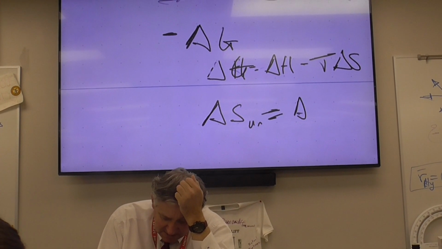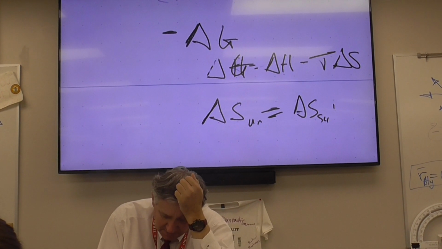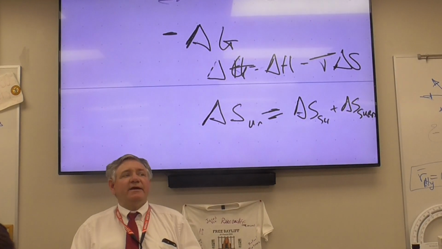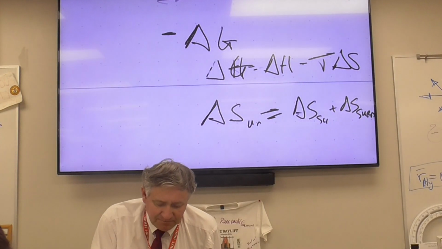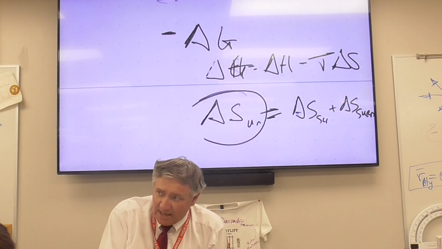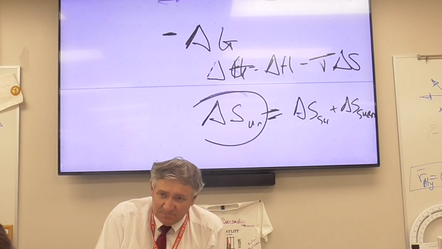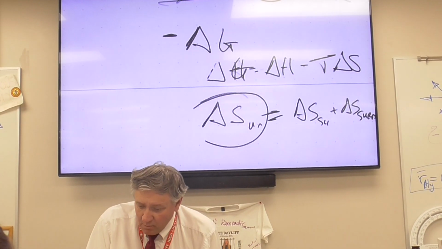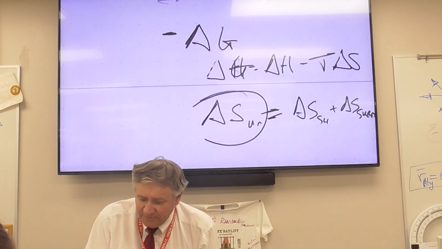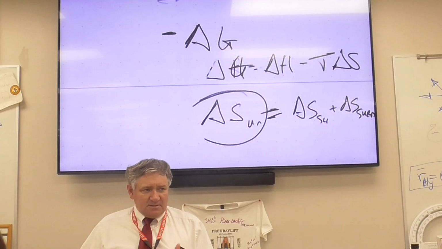You have delta S of the system plus delta S of the surroundings. It's a spontaneous reaction, so what do you know about delta S of the universe? What sign does that have to have? Positive value. What you're given is that the system undergoes an entropy change of 42, so that's a positive value.